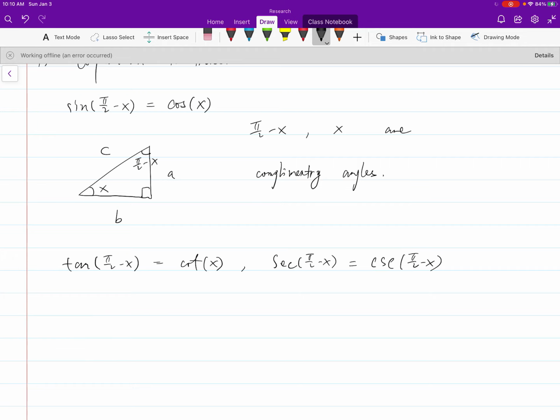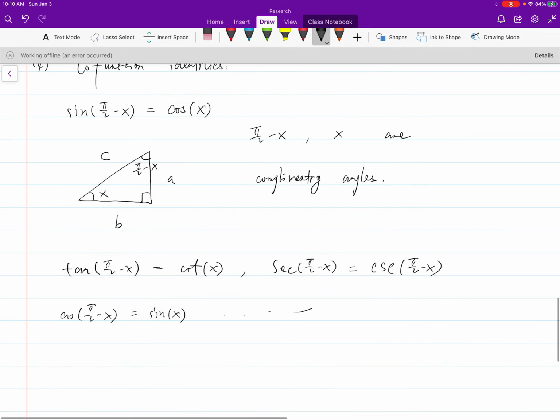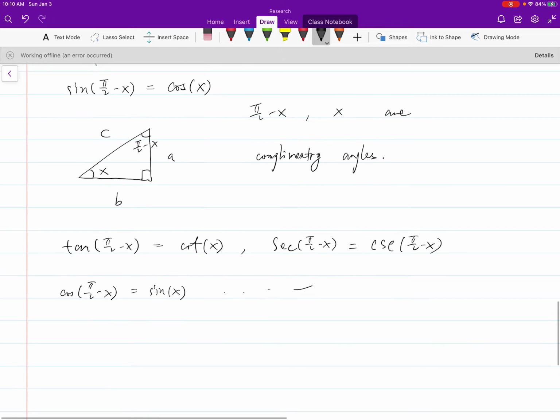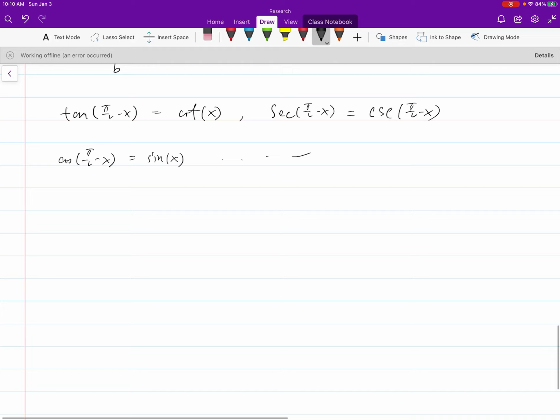The secant of pi over 2 minus x equals cosecant of x. And vice versa. That also means cosine, if you do the same thing, you receive sine. And so on. So that's what we call co-function, going from sine to cosine, tangent to cotangent, and secant to cosecant by doing pi over 2 or 90 degrees minus x to get the other angle in the same right triangle.